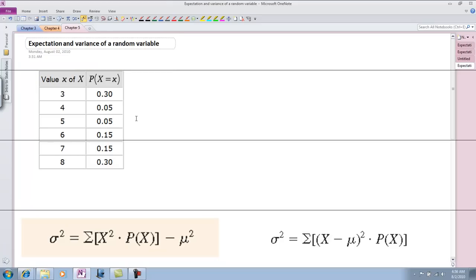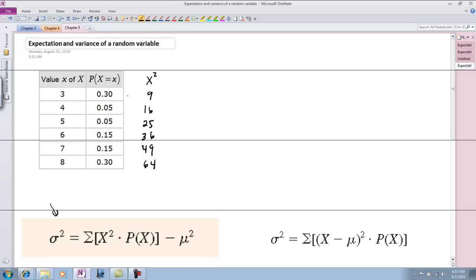So I'm going to do it with this formula right here. In order to do that, I need an x squared column. Here's my x's. So x squared will be 9, 16, 25, 36, 49, and 64.